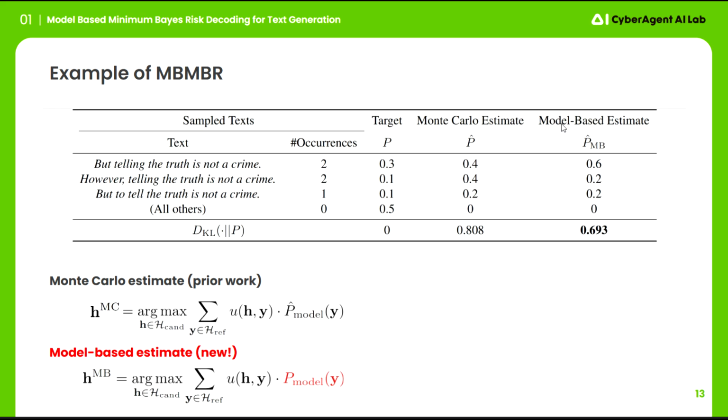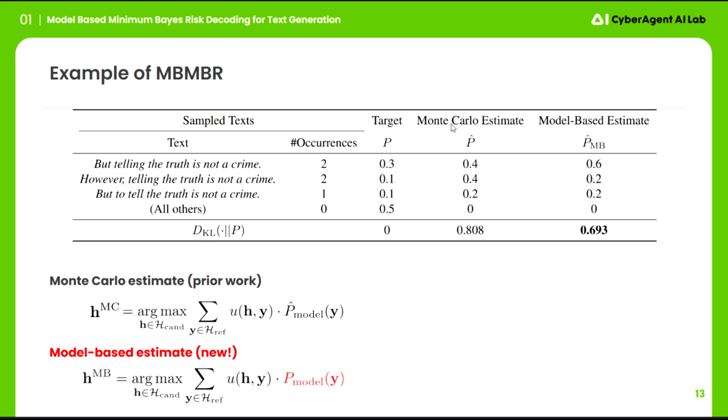On the other side, for the model-based estimate, we ignore the occurrences and simply use this target P normalized to sum to 1. So what we get is 0.6, 0.2, 0.2, because we simply multiply by 2 and it adds up to 1.